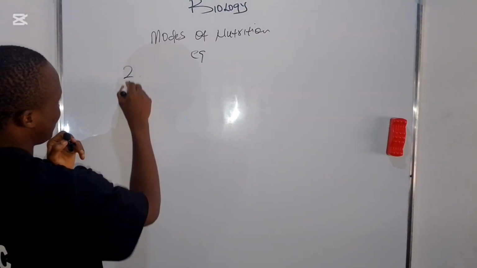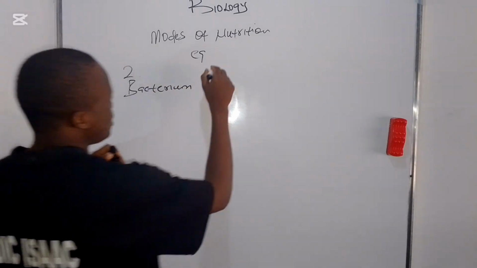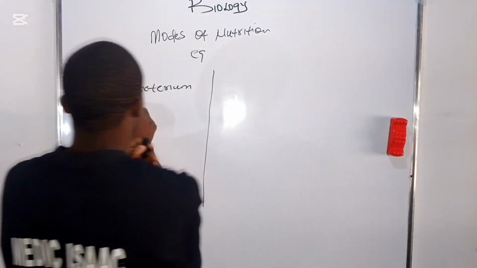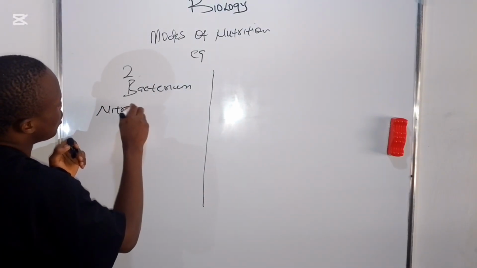One is the bacterium, right? It's been divided like this. Some bacterium like nitrosomonas.